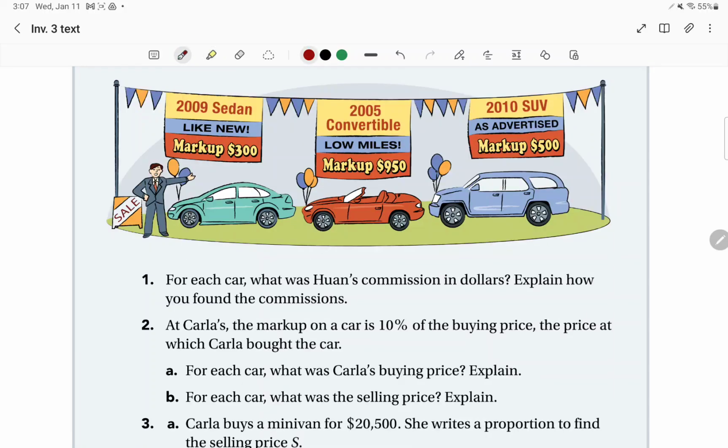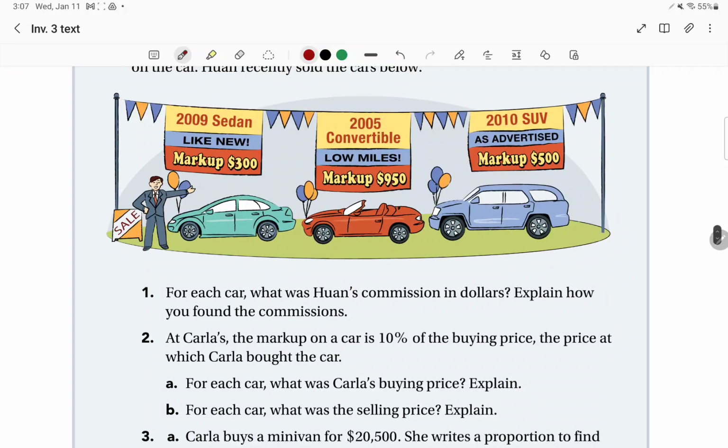So let's take a look at the first one. For each car, what is Huan's commission in dollars? Explain how you found the commissions. All right, so let's look at this first one. If the markup is 300, he's making 25% of that.